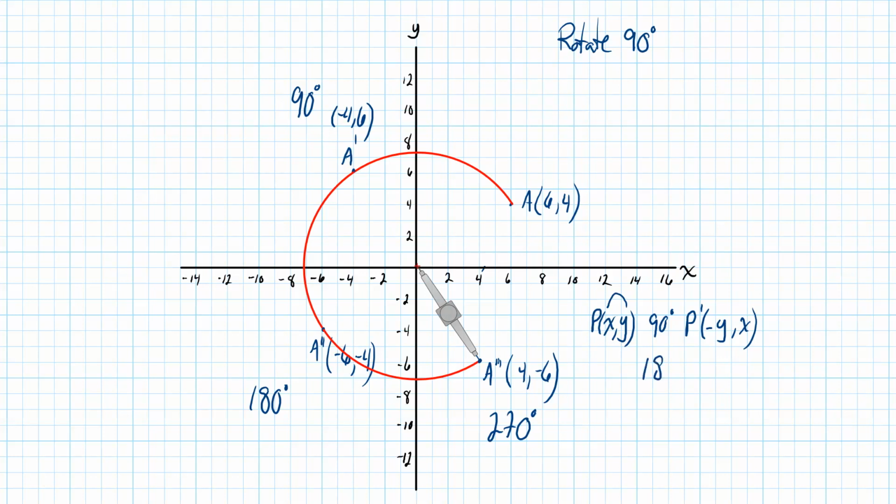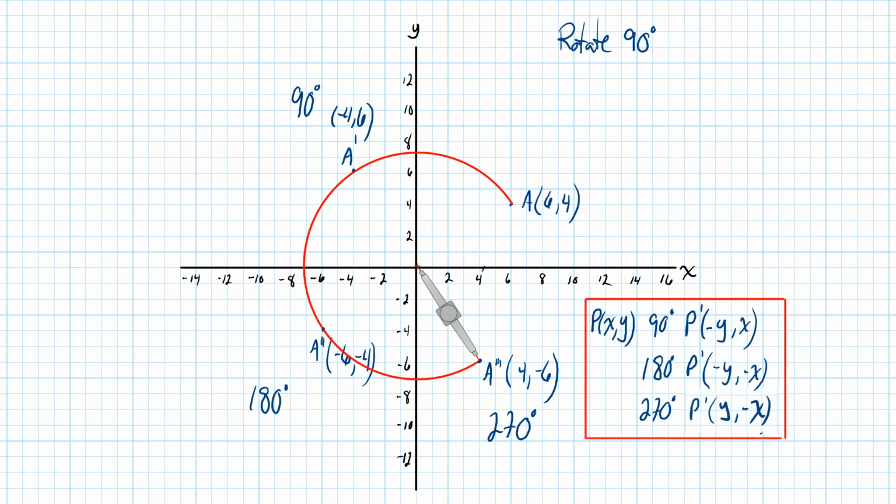If you want to do a 180 degree rotation, then P prime is going to be -x, -y. And for a 270 degree rotation, P prime is going to be y, -x. So for rotations about the origin, this is the simplest way of figuring out what each of the points or vertices will be after they've undergone the rotation.